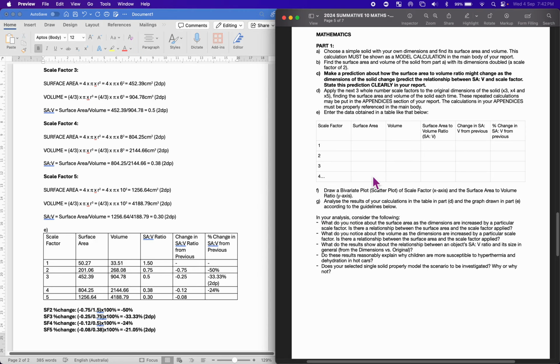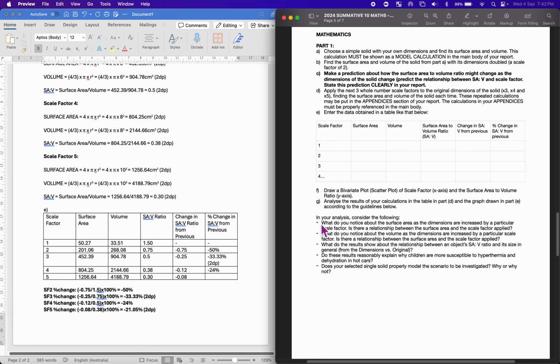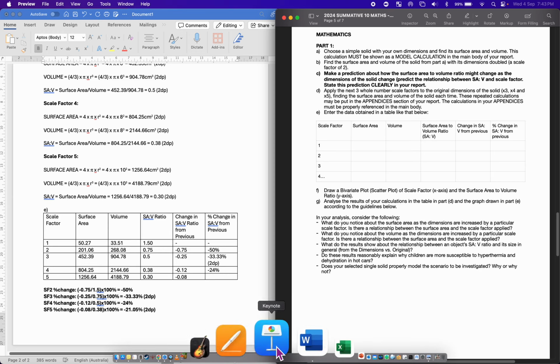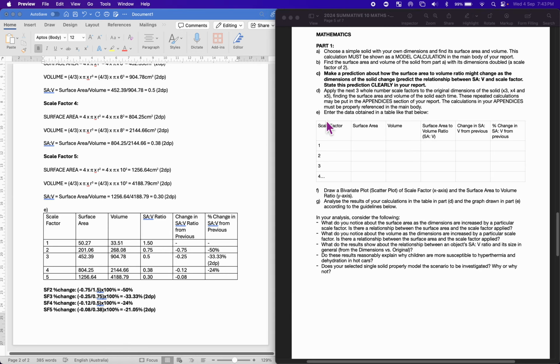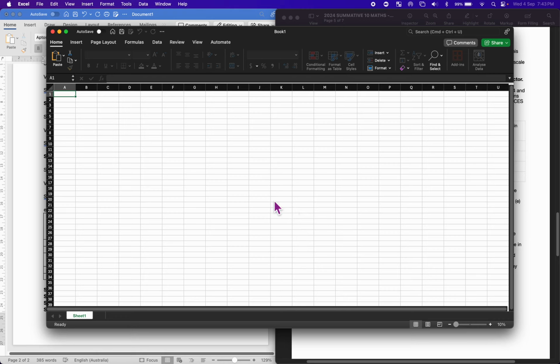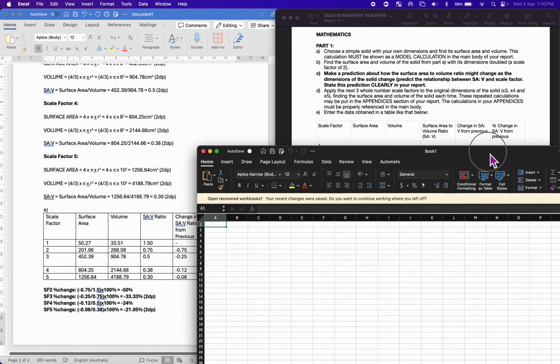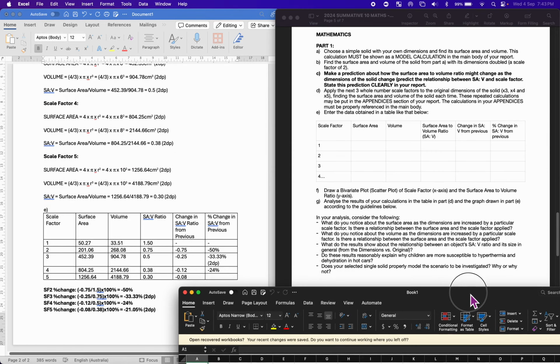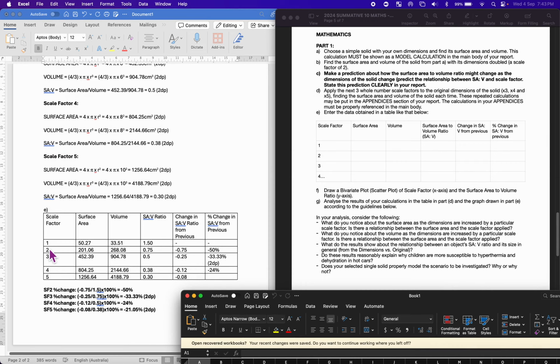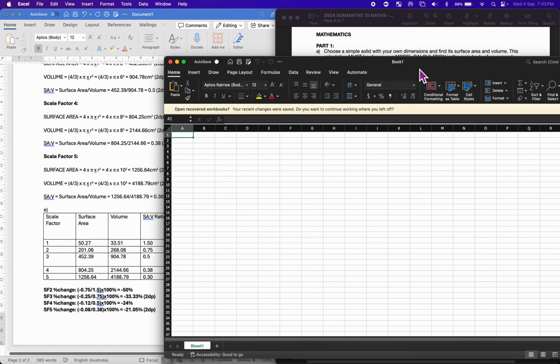That's that done. Draw a bivariate scatter plot of scale factor along the x-axis and the surface area to volume ratio on the y-axis. You need Excel for this, and you all have Excel for free through EdPass. So I want scale factor, which is 1 to 5, and the SAV ratio.